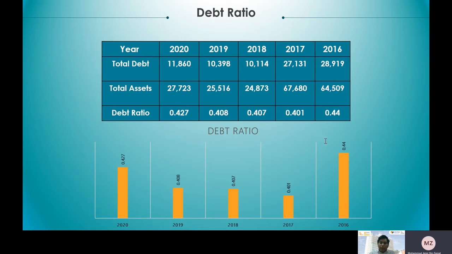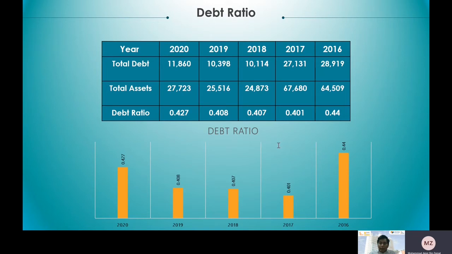In 2017, it decreased a little bit to 0.401, and following 2018, going up a little bit to 0.407, and 2019 increasing by 0.01 points.